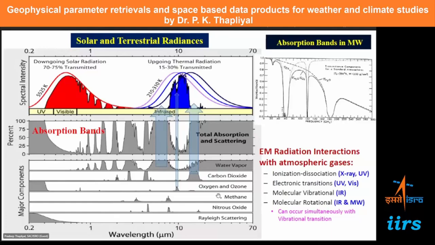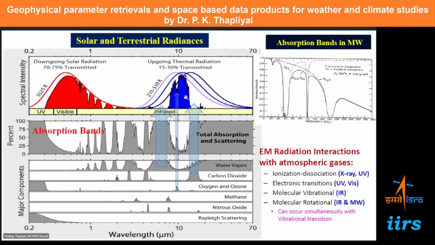You can see in this curve various absorption bands because of water vapor, oxygen and ozone, then methane, nitrous oxide, and this last one is not an absorption, this is Rayleigh scattering. Rayleigh scattering takes place predominantly in the visible or ultraviolet region, and this much solar radiation is cut off from reaching Earth's surface.